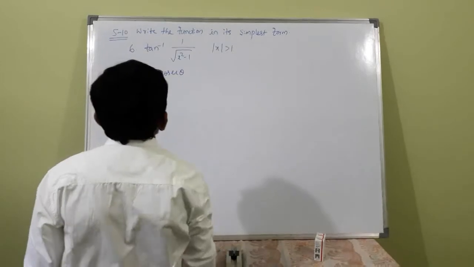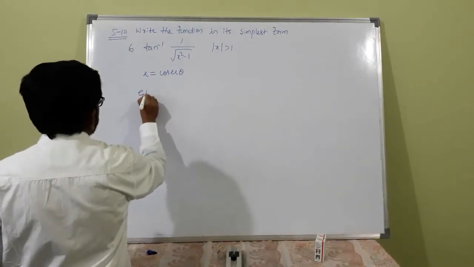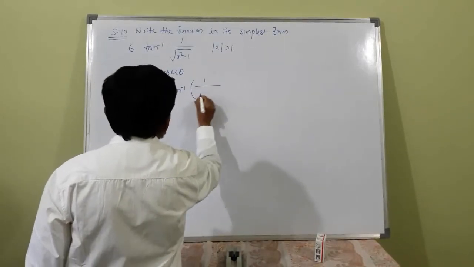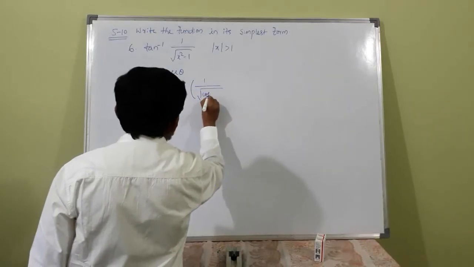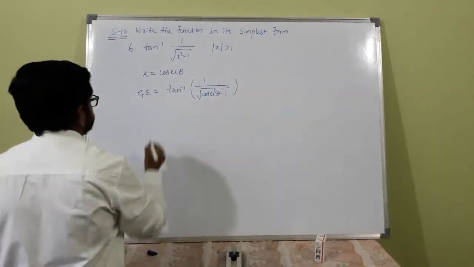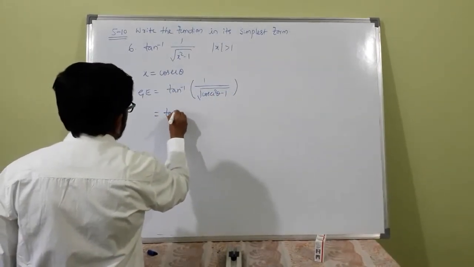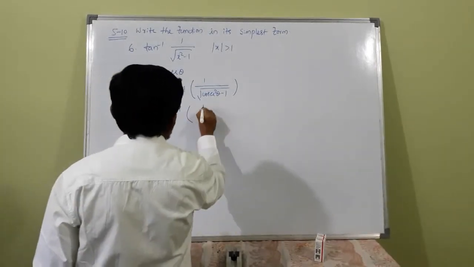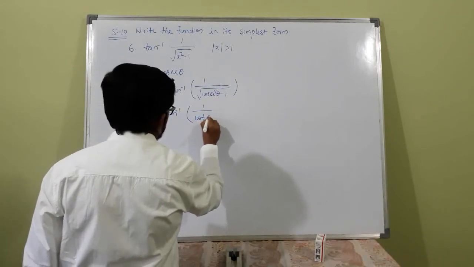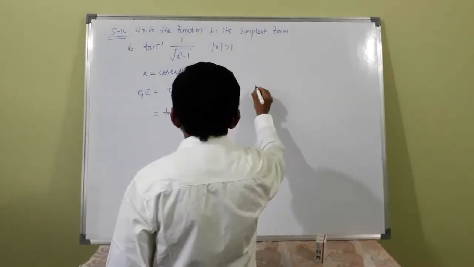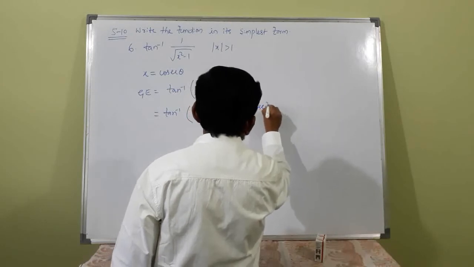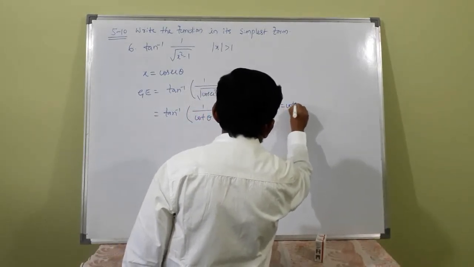See this one. So the given expression is tan inverse of 1 by under root cosecant squared theta minus 1, that is equal to tan inverse of 1 by cot theta, because cosecant squared theta minus 1 is cot squared theta.